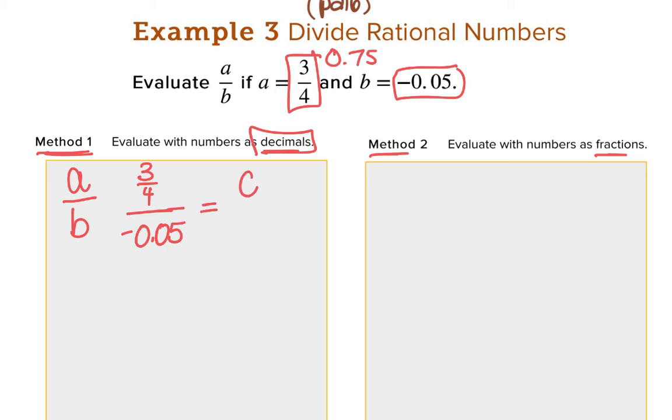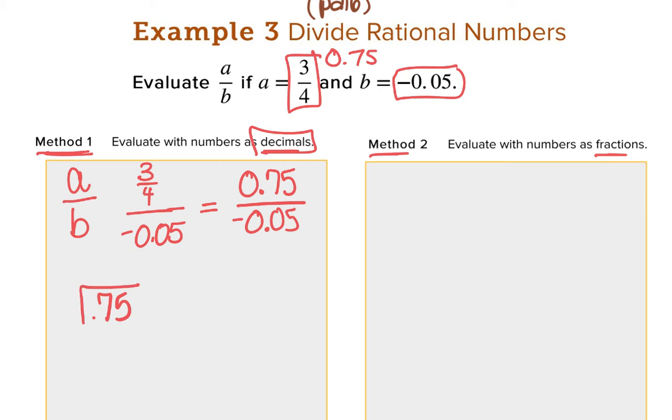So instead of 3/4 on top, I'm going to write it like this, and on bottom, that one stays the same. And now I can grab my calculator and do 0.75 divided by -0.05, or I can work it out here.